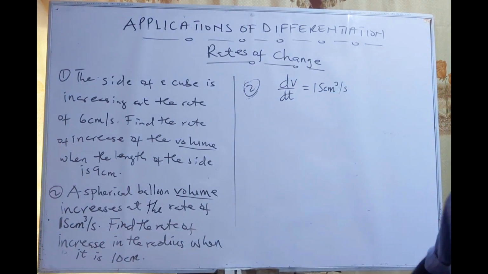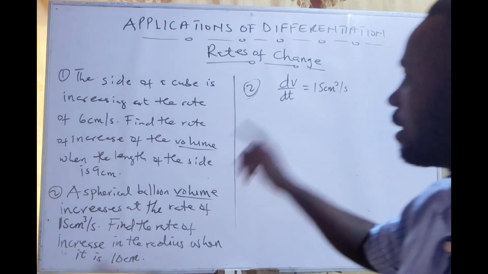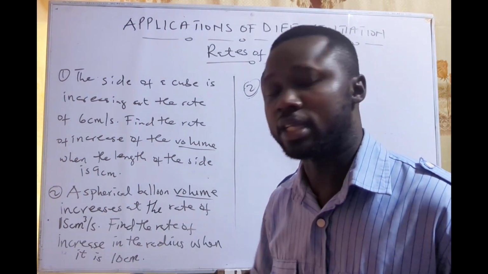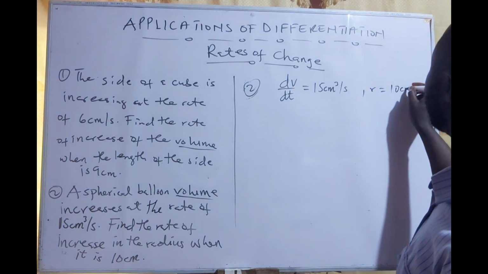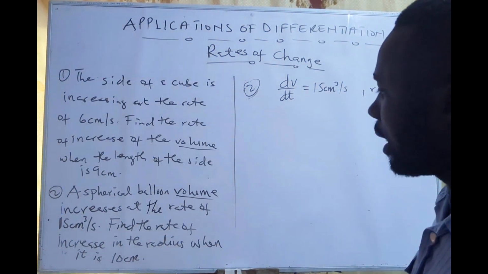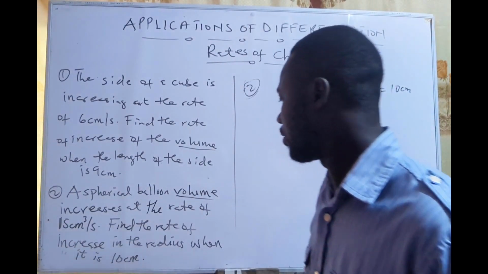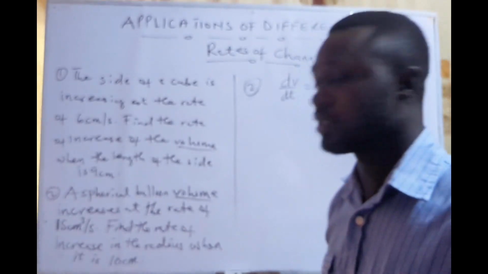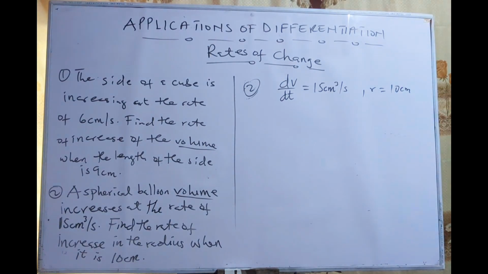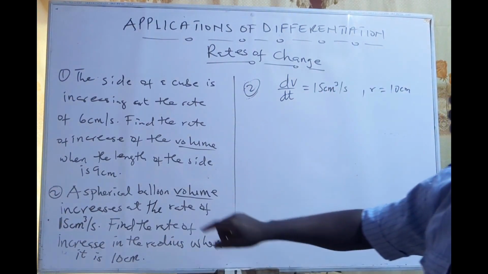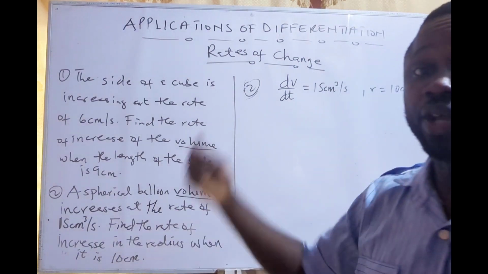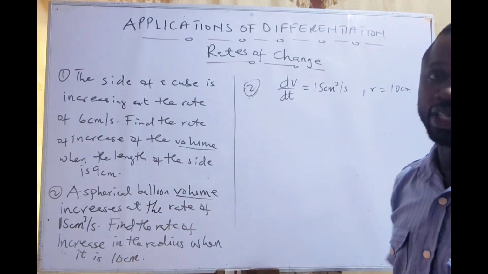Alright, that is the first one. Find the rate of increase in the radius when it is 10 centimeters. So I'm given the radius as 10 centimeters, and I'm finding the rate of increase in the radius when it is 10 centimeters. Since the volume is increasing with respect to time, the radius also increases with respect to the same time.